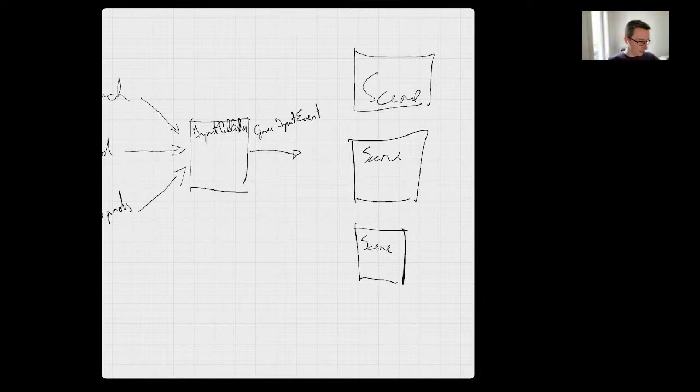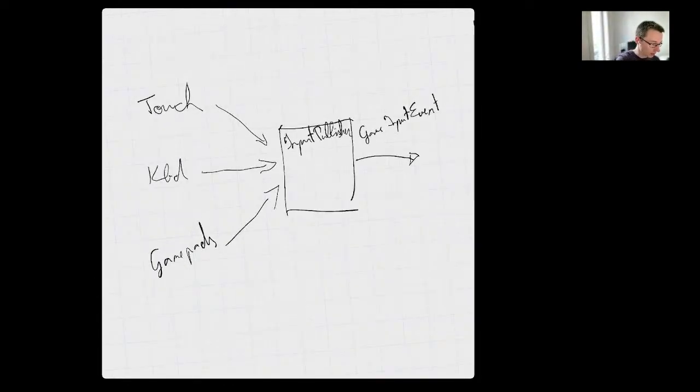And the difference is that here, keyboard can be like space bar pressed, right? A gamepad could be like button A pressed. Touch could be like swipe down, for example. Maybe not.